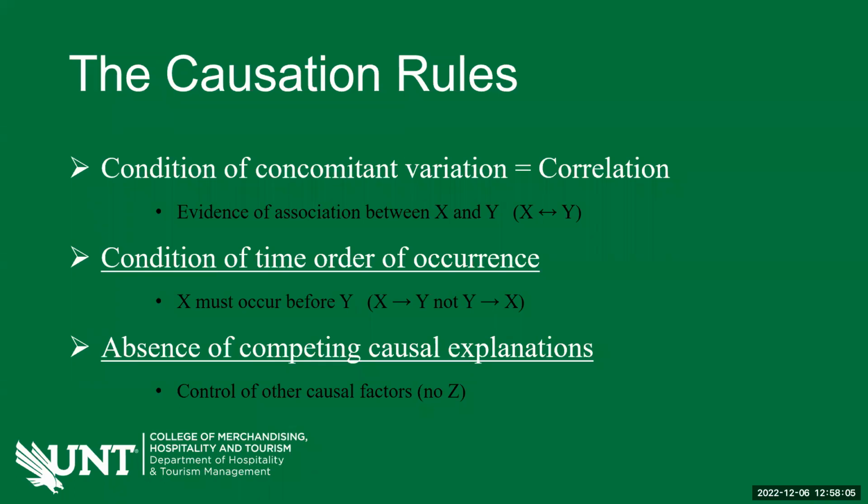So in the stork and baby case, we have to say that there's no third variable Z. In an experiment, as we will explain later, we control other factors that may cause Y besides X, our manipulation variable, the variable of our interest.